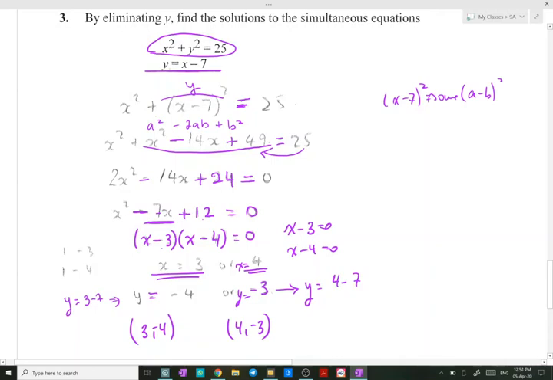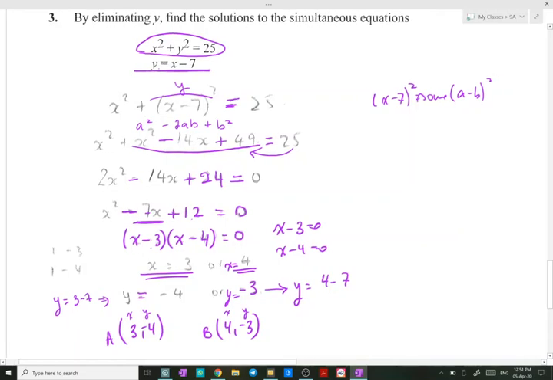So the line that you have here intersects the circle at point A, whose x is 3 and y is minus 4, and point B, whose x is 4 and y is minus 3.